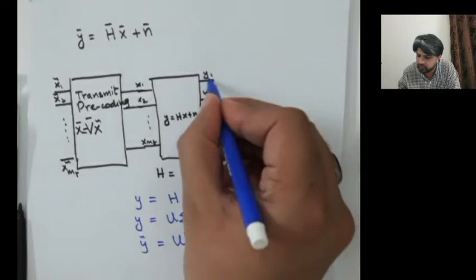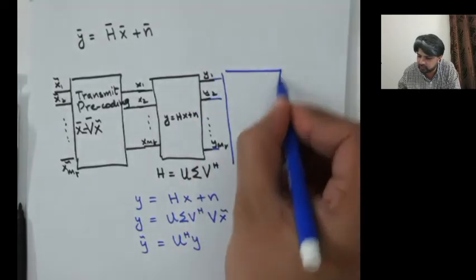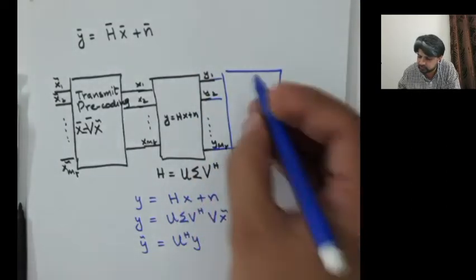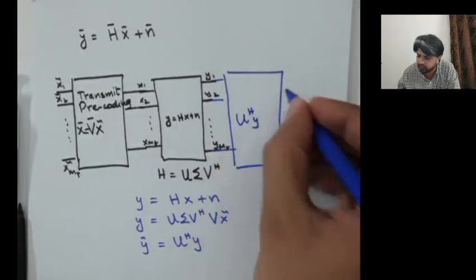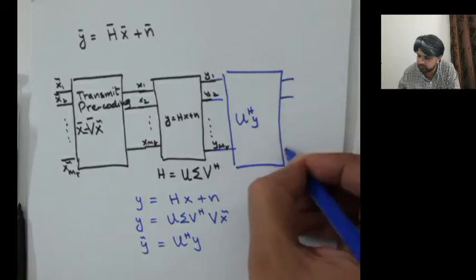If we reshape this at the receiving end using U Hermitian times Y, that gives us Y tilde.